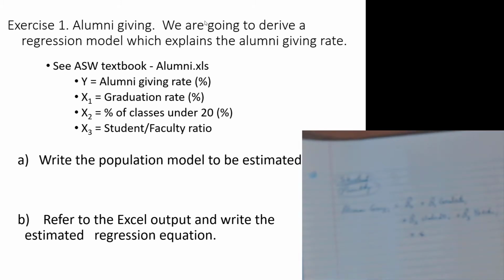This is our action plan. This is what we're trying to estimate. We're going to try to figure out what alumni giving percentage is based on these three parameters and an intercept.